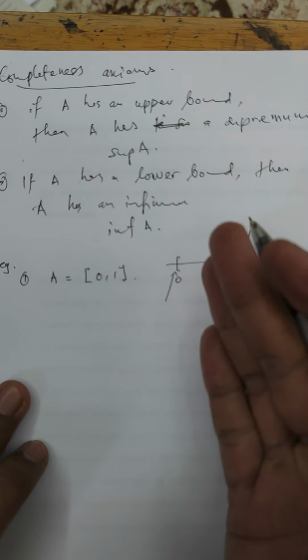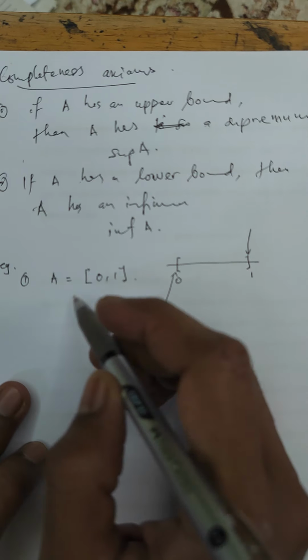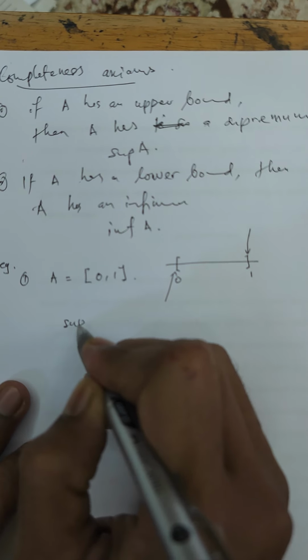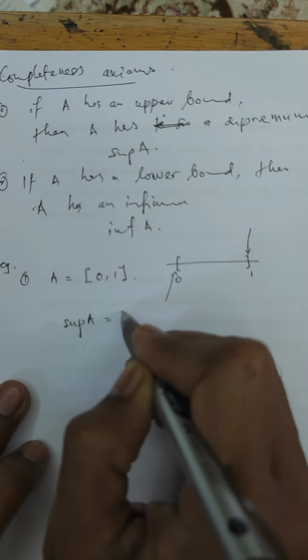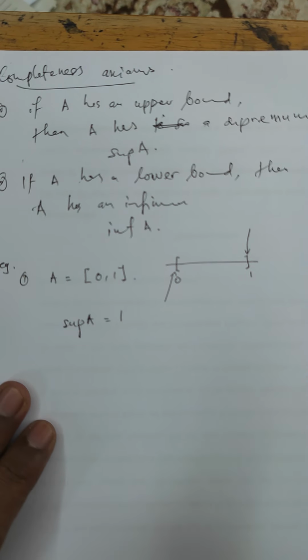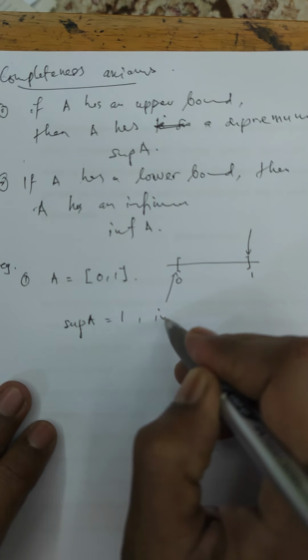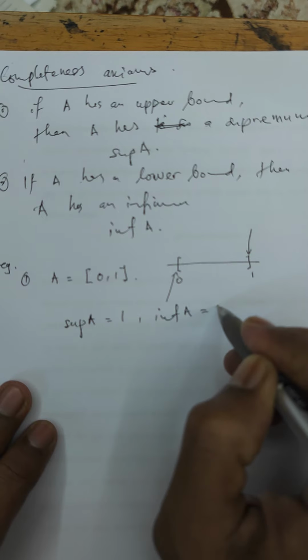So in this case, we say the supremum of A is 1, and the infimum of A is 0.